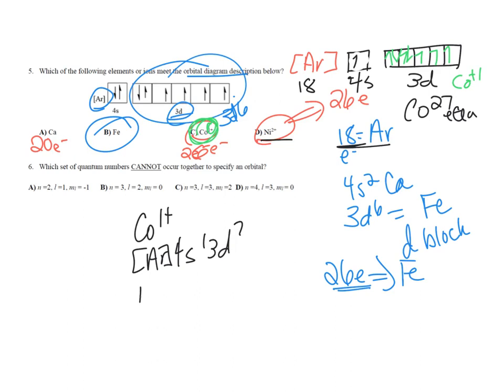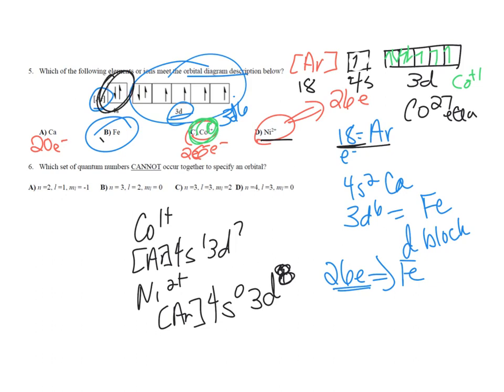And then nickel plus 2 would be argon, and you lose 2 electrons, so 4s0, 3d, I don't know, I'd have to look at nickel. Nickel would be 8, yeah. So you see that since you have these electrons in the 4s, it has to be ground state iron.